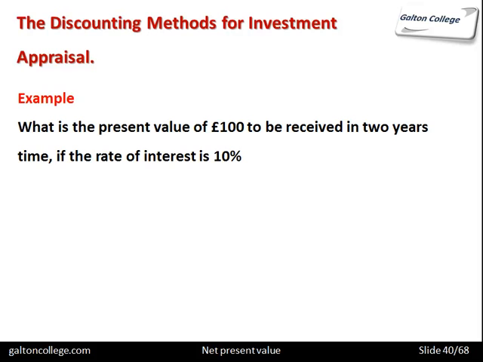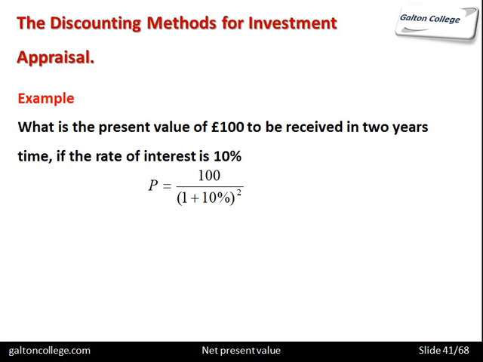Example. What is the present value of £100 to be received in 2 years' time if the rate of interest is 10%? Well, we'll use our formula. So, here's our formula, and we've inserted the figures in. There's the present value of £100, so that's the amount we get at the end of 2 years.